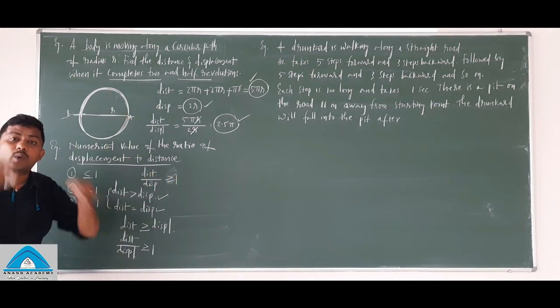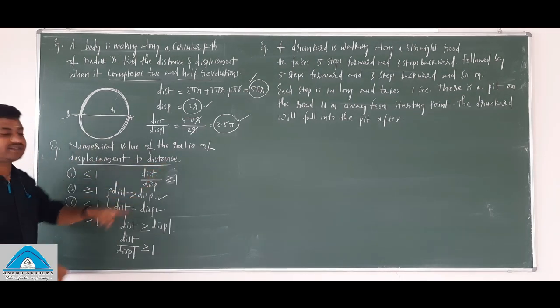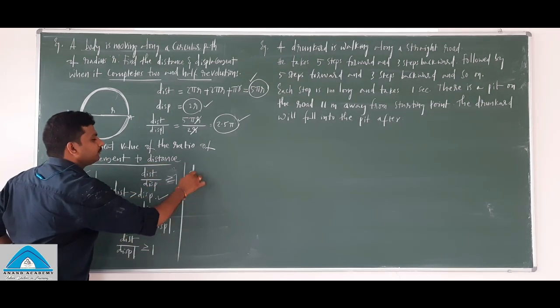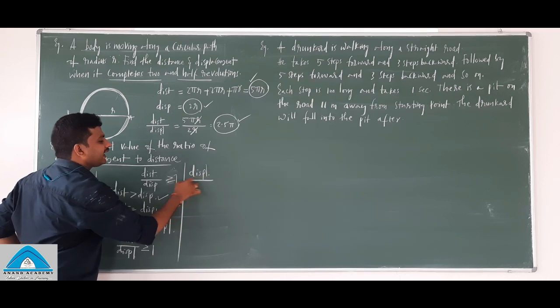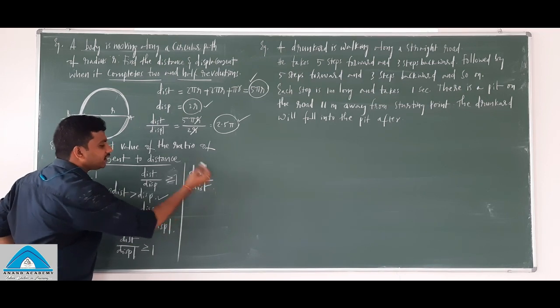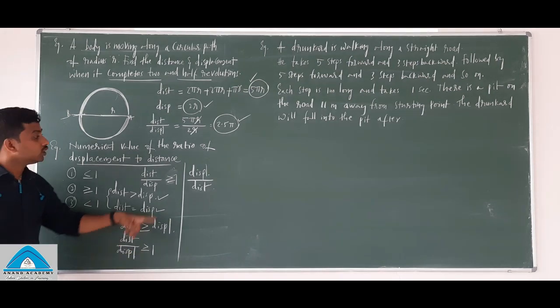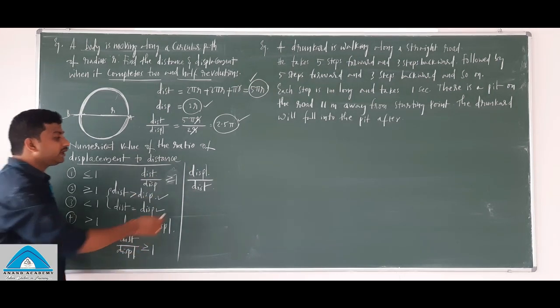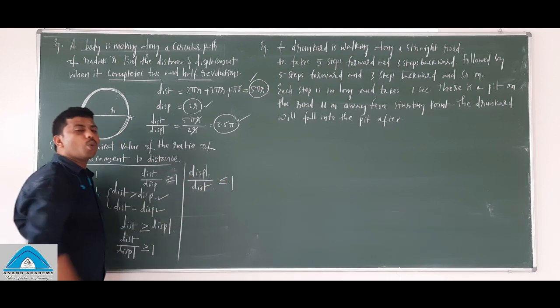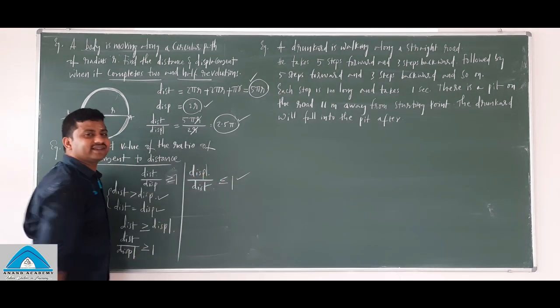But our required answer is displacement by distance. Since distance by displacement is greater than or equal to 1, displacement by distance will be less than or equal to 1. So this is your required answer.